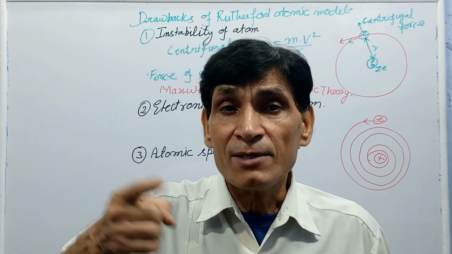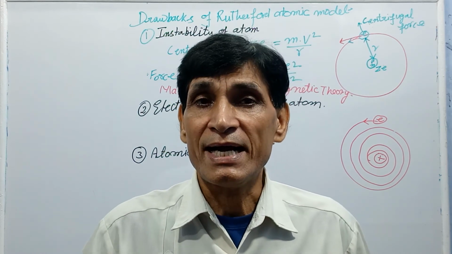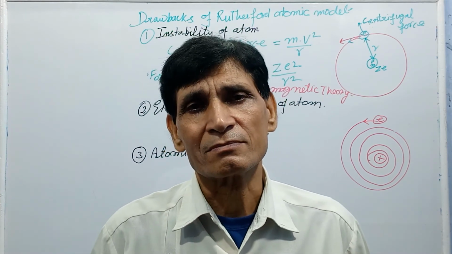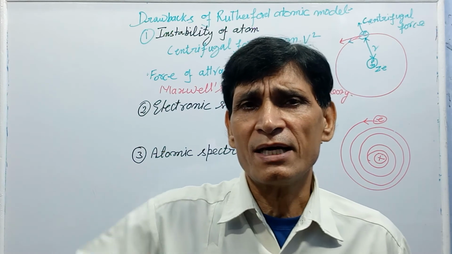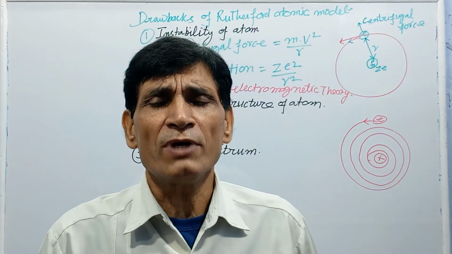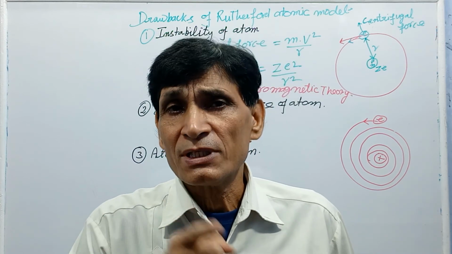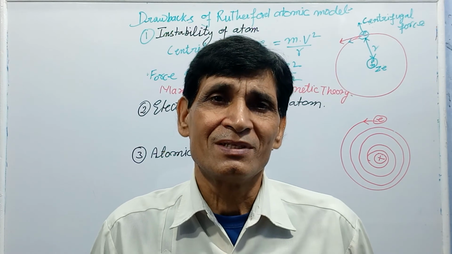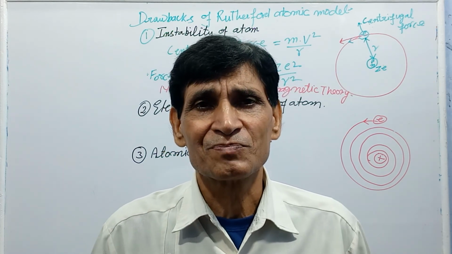The frequency of that radiation is same as the frequency of revolution of particle. In Rutherford's atomic model, electron is forced to move on the spiral path, in which revolution of electron is constantly changing, and frequency of radiation should also change.